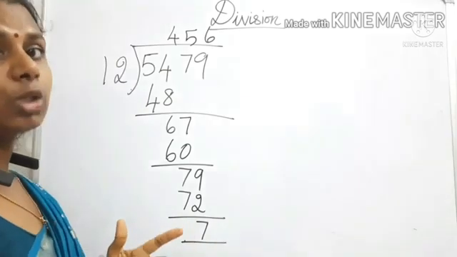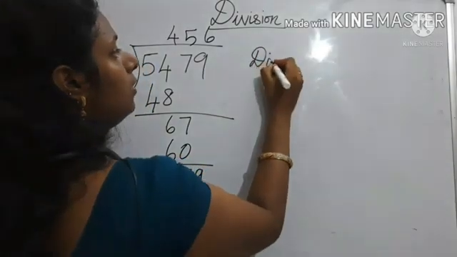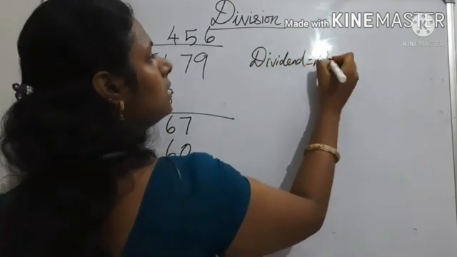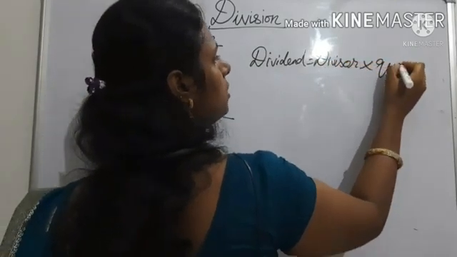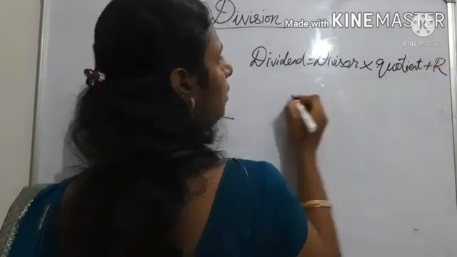Now shall we do the checking? Your formula was dividend is equal to divisor multiplied by quotient plus remainder.